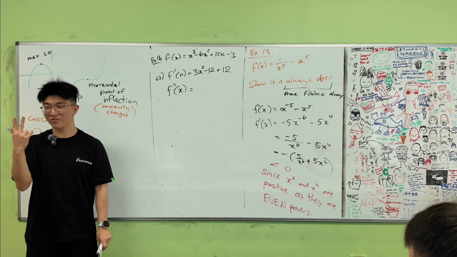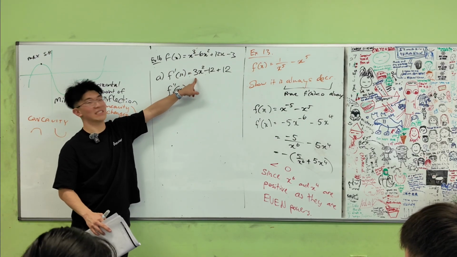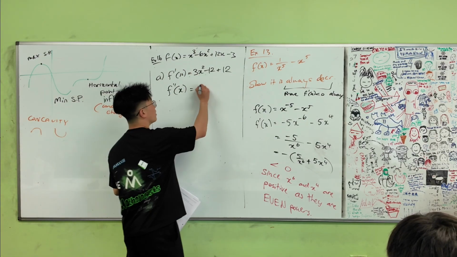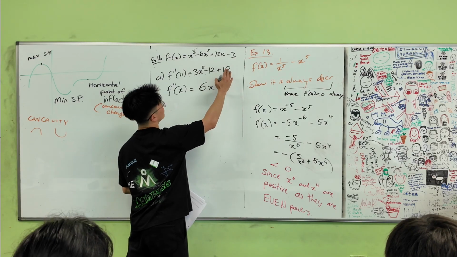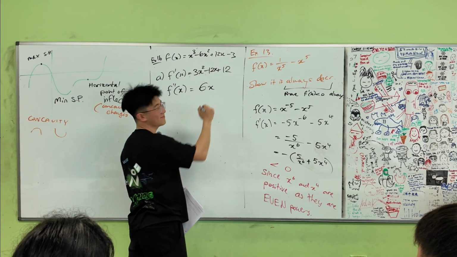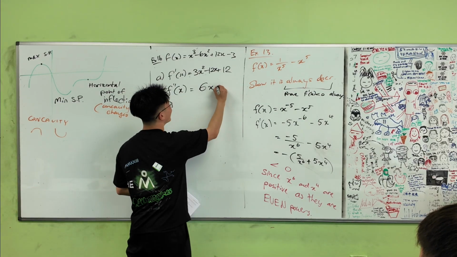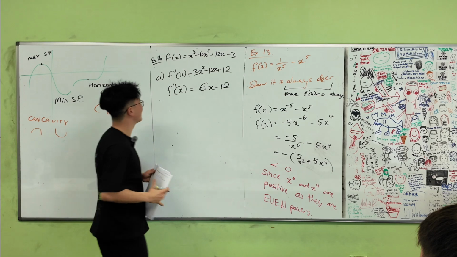If one dash is differentiated once, two dashes is differentiated twice. So don't differentiate it twice from the start, you already did it once. Differentiate this one more time. It's 6x minus 12.